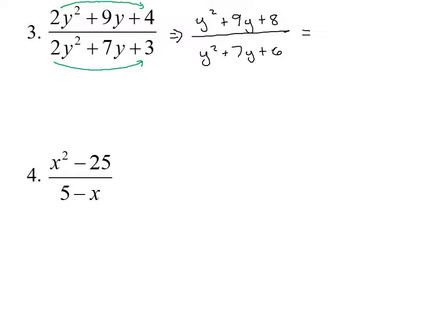Notice here, they're both positives for that second sign. That means when I do my two parentheses on the top and on the bottom, they both have to be positives. That positive tells you they're the same sign, and the fact that there are positives in front of the 7 and the 9 tells you that they have to be the same sign, positive.